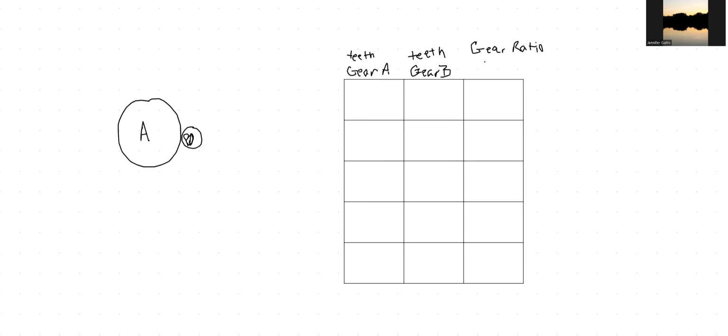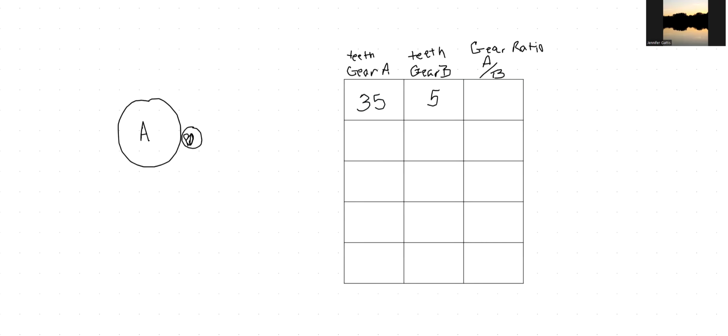B. Okay. So if gear A has 35 teeth and gear B has 5 teeth, then what we can do is use our calculators and look at what is the ratio of 35 to 5 and put that in reduced form.